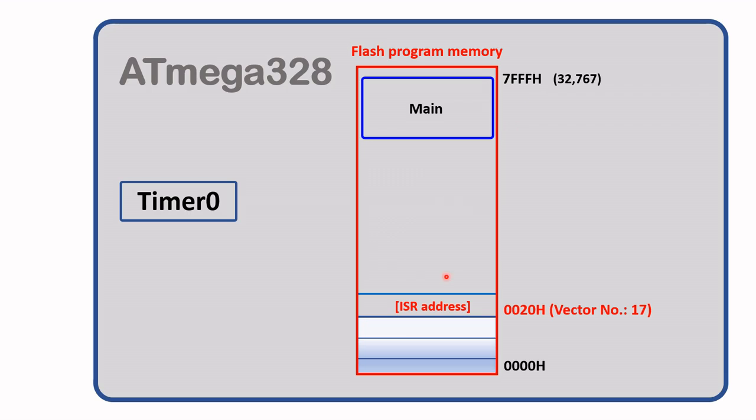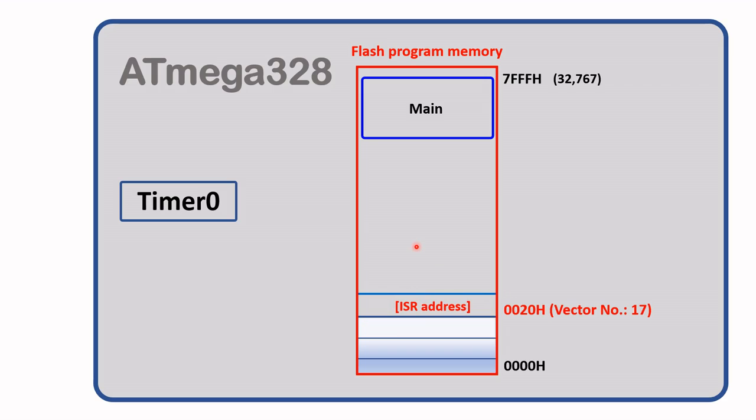At location 0020 hexa is what stores vector number 17. This is where it stores the interrupt service routine address. We'll come to that in a few moments.